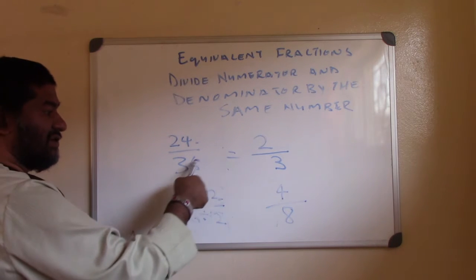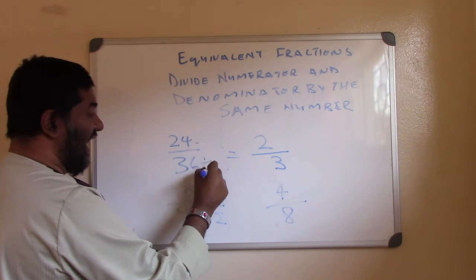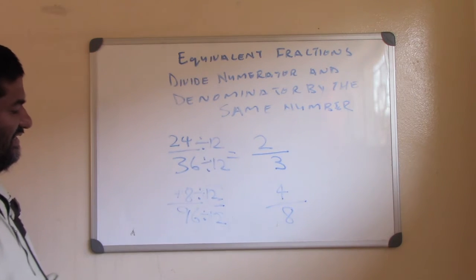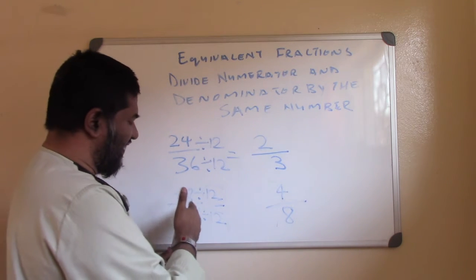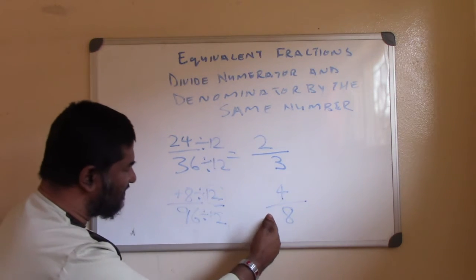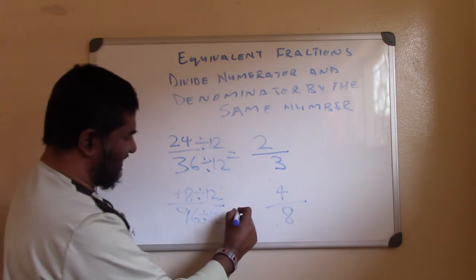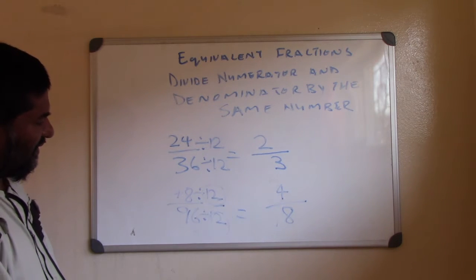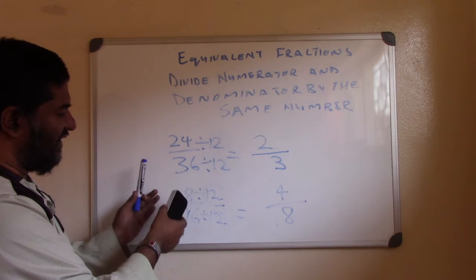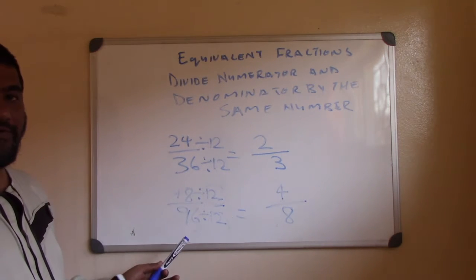But I won't times it by 12, I'll have to divide by 12 on both sides. Same like in this case. Instead of saying 96, from 8 to 96, I can say 8 times 12 gives me 96. So, I'll say 96 divided by 12 and 48 divided by 12.